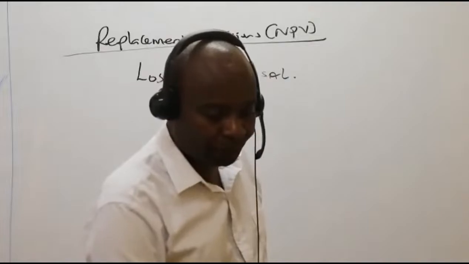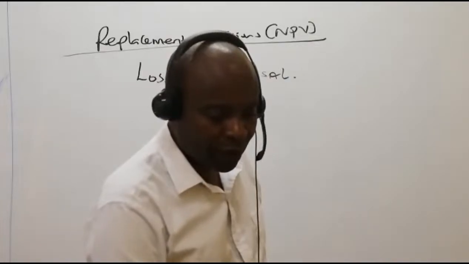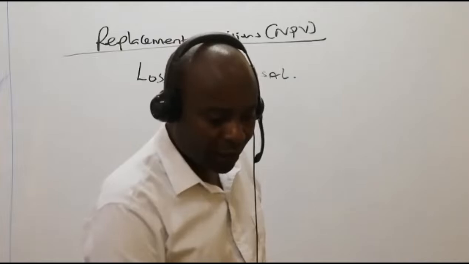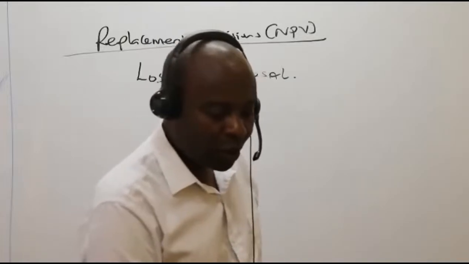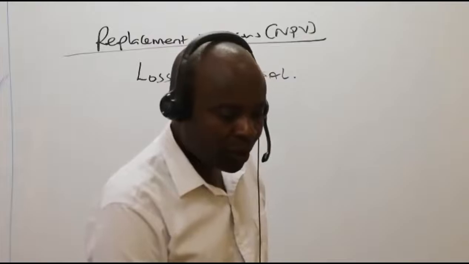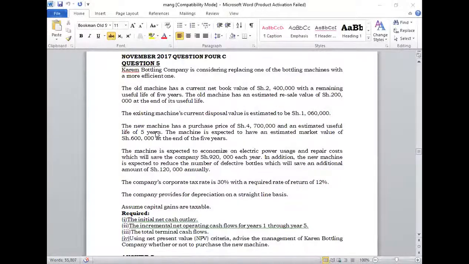I know you took a photo of this, right? The loss on disposal. So ladies and gentlemen, the loss on disposal is here. We know that this old machine has a current net book value of 2.4 million with a remaining useful life of 5 years.